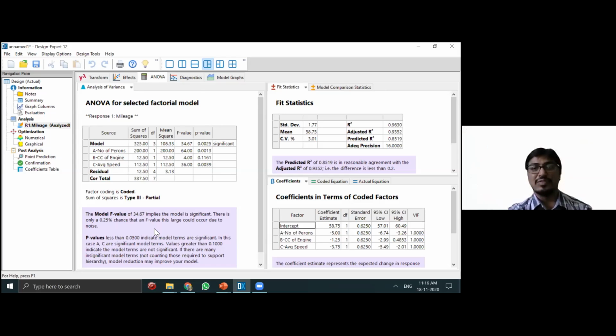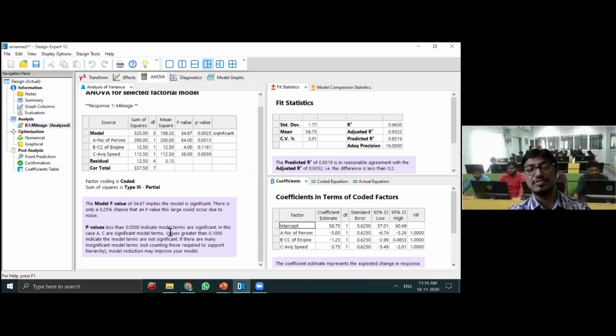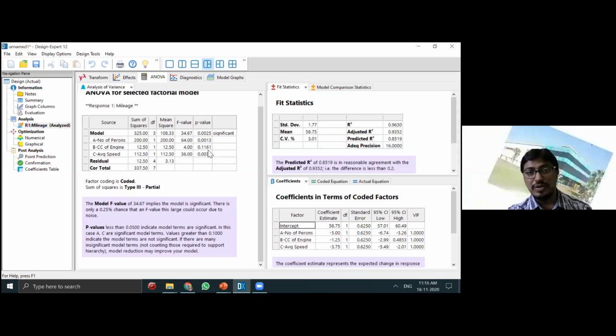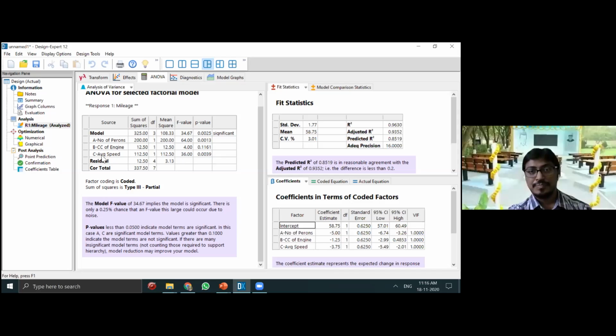Then you have p-values. If the p-value is less than 0.05, it indicates the model terms are significant. The p-value for number of persons is 0.001. If you see capacity of engine, it is 0.1, which is more than 0.05, right? So this is an insignificant term.